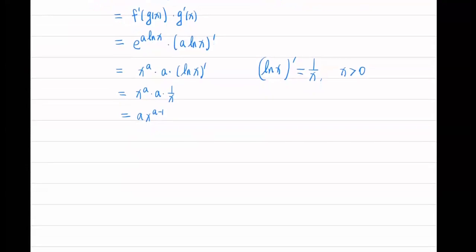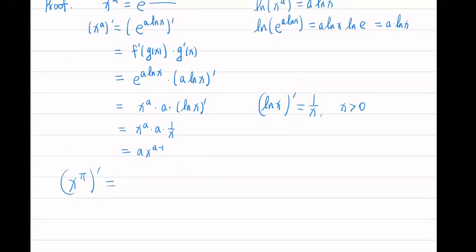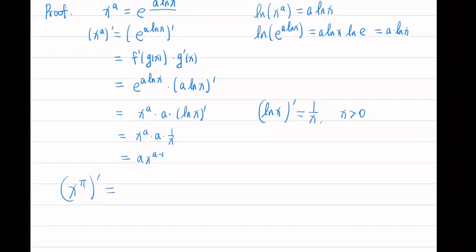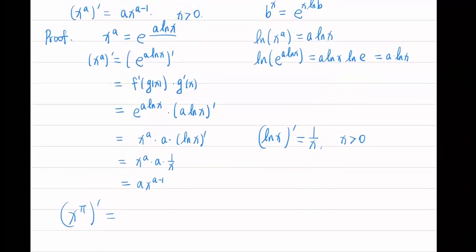Okay, let's try an example. Zichen, the derivative of x to the pi. What's this, Zichen? The chain rule again. Okay, now we have the formula. Let's just apply this formula.